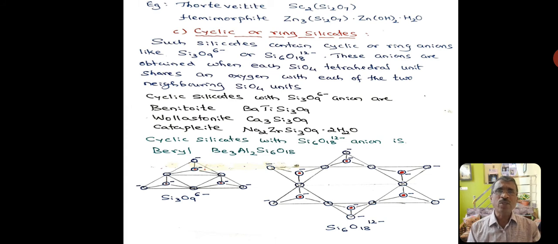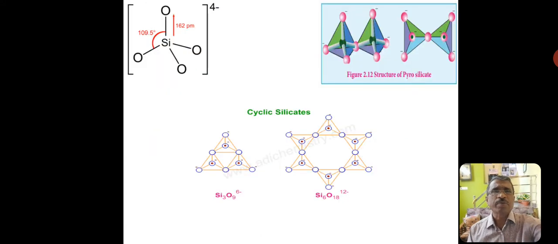Beryl is a beryllium aluminium cyclic silicate. Here Si6O18 has a 12 minus charge. That 12 minus charge is balanced by 2 aluminium, that is +6, and beryllium valency +2 into 3, that is +6. So these are all the various minerals of the cyclic silicates.